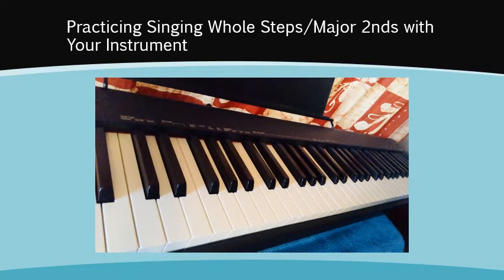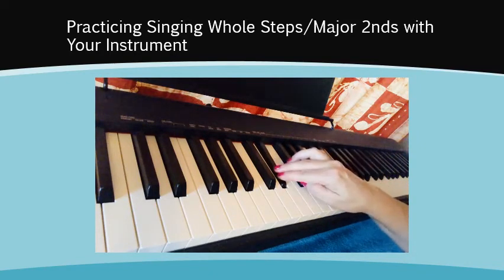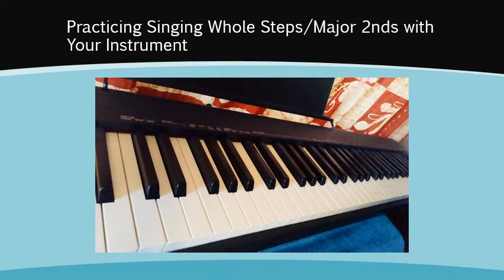In your head, either do up one half step, then another half step, and then sing the first one and the third one. Or go do, re. Do, re, mi, do, re.